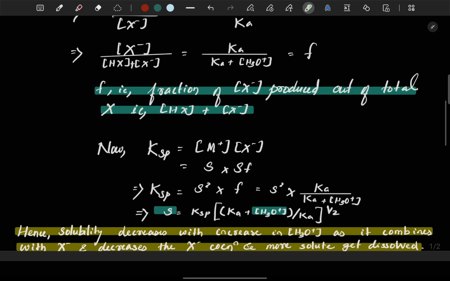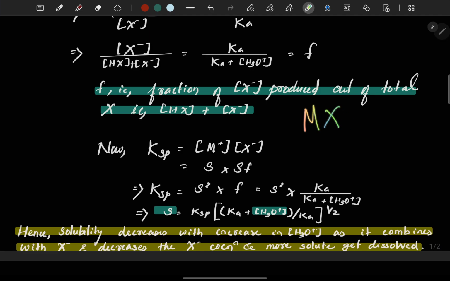So from this equation we can say the solubility increases with an increase in the concentration of H+ ion or a decrease in pH value, as it combines with X− ions and decreases the X− ion concentration.